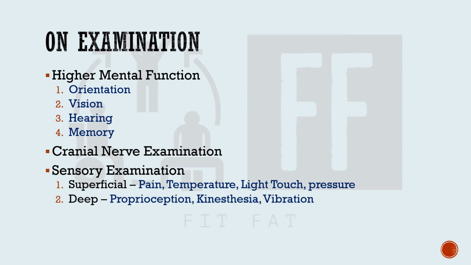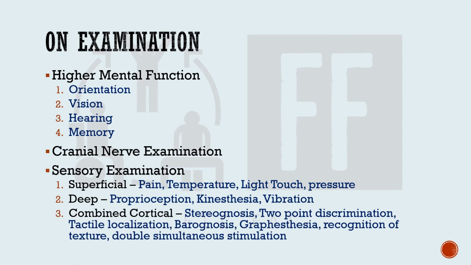Then your deep senses, that is proprioception, kinesthesia and vibration. And lastly your combined cortical senses, that is stereognosis, two-point discrimination, tactile localization, barognosis, graphesthesia, recognition of texture, and double simultaneous stimulation. You can use the Ayres scale for the sensory examination also.